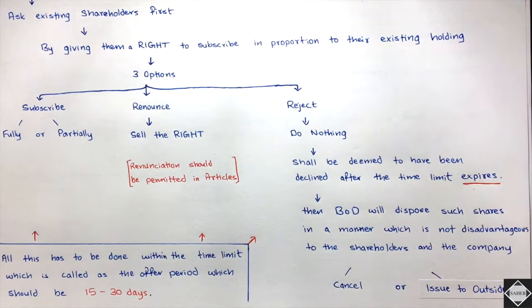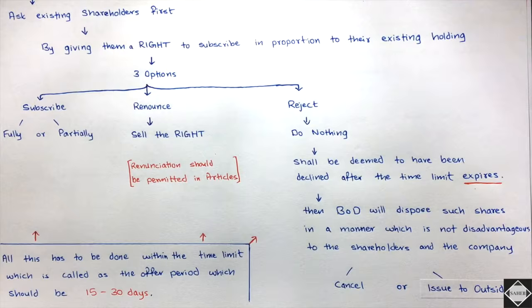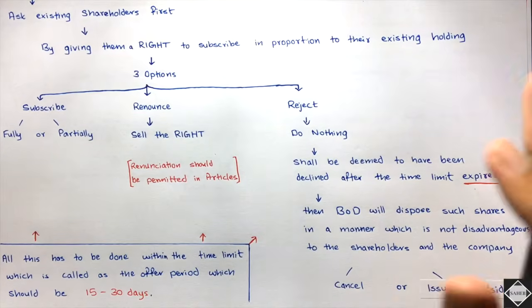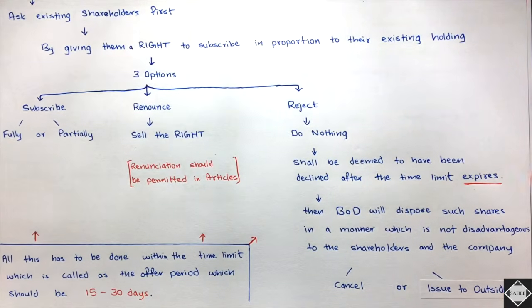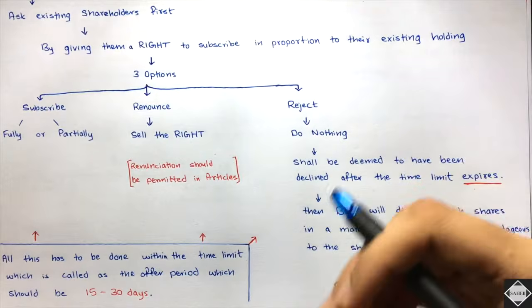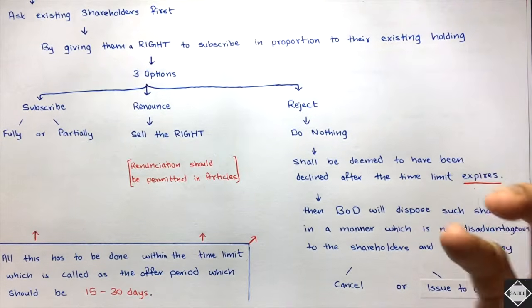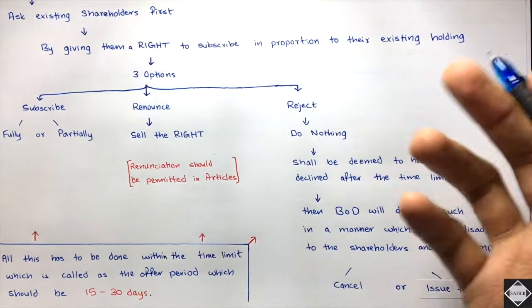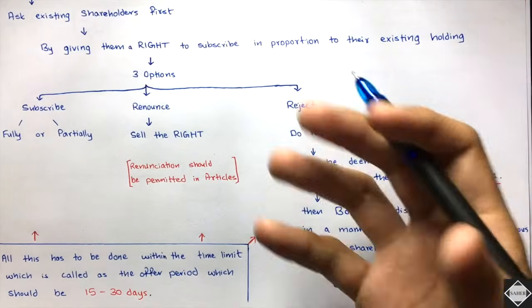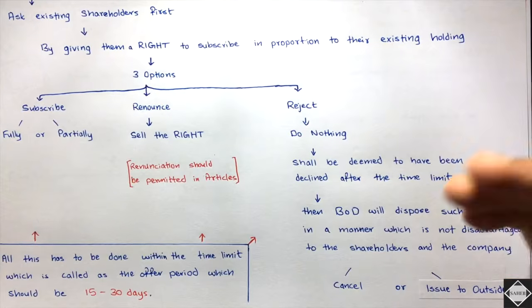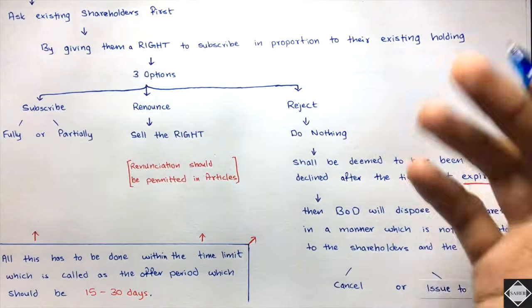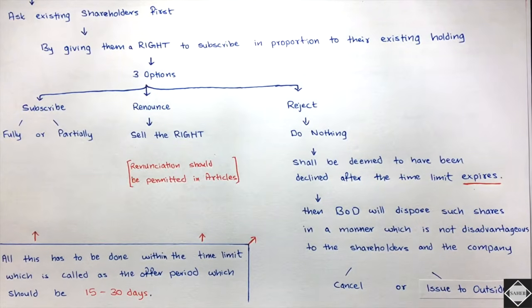Basically, what the Board of Directors will do is either they will cancel those shares. Sometimes issuing the shares to outsiders is more costly. If fewer shares are left, then the cost is more than the benefit, the money they will receive. If the cost is high and the benefit is less, then they will cancel the shares.